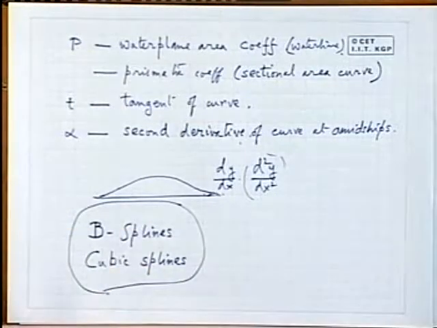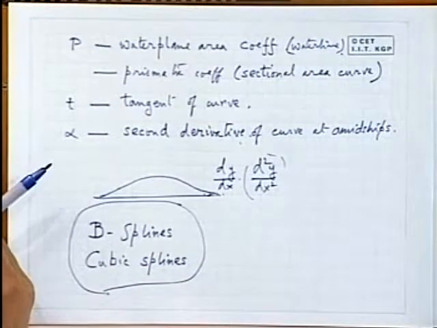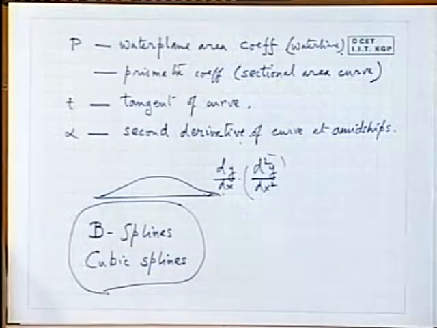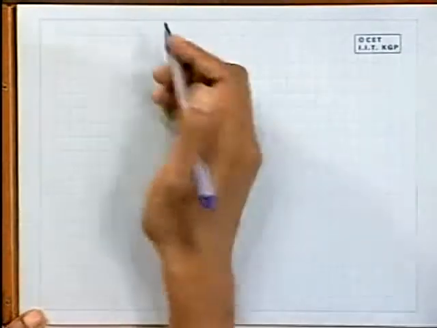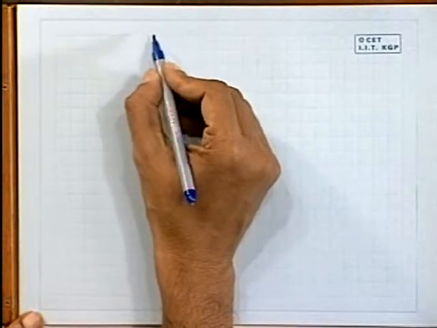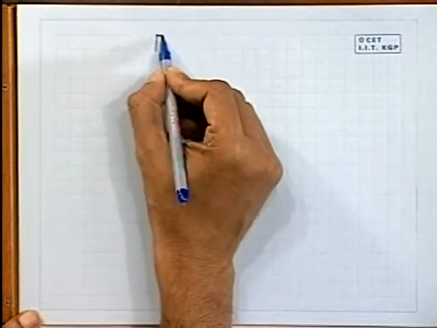Now, coming to the coefficients, one has to make certain calculations from the lines. Now we are going to the calculations. This is called hull form coefficients, or coefficients of form.